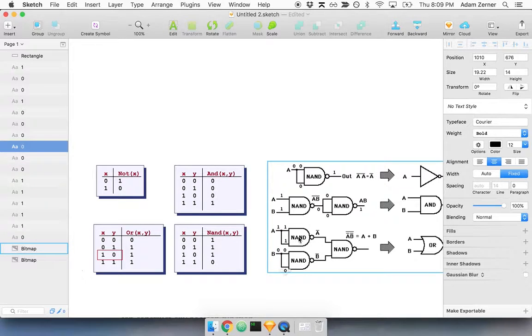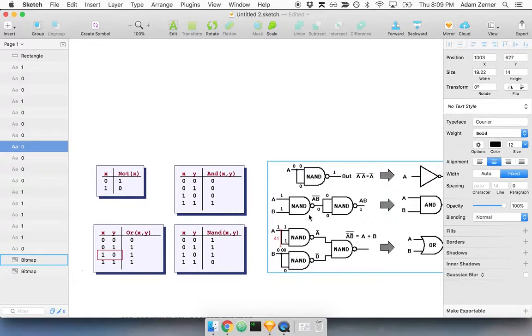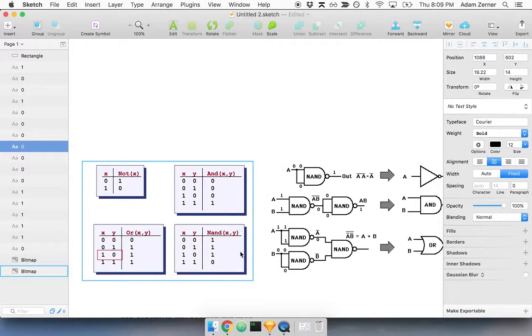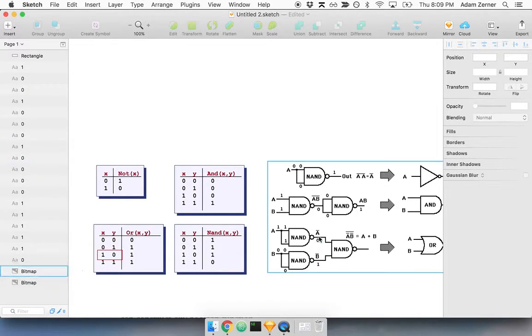Okay, so for this first NAND gate, we have a 1 and a 1, so we're going to have a 0 here. 1 and 1 leads to 0. For the second NAND gate, we have a 0 and a 0, and that's going to lead to a 1. Okay, so this 0 is being fed into this NAND gate, this 1 is being fed into this NAND gate.